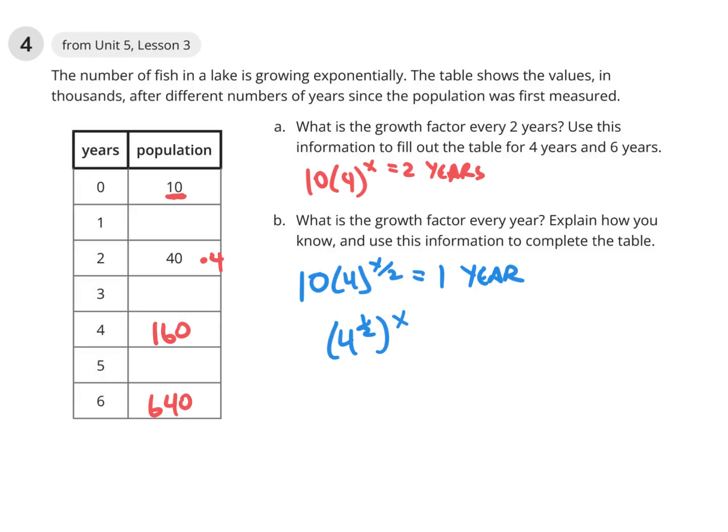So I have a nice equation. 4 to the 1/2 is the square root of 4, which is 2. So 10 times 2 to the x. So this is doubling every year, where this x equals 1 year. And so for 10, doubles, that's 20. Doubles is 80. Doubles is 320. So now we clearly see the difference between our intervals. Our B is different for different periods of time, intervals of time.